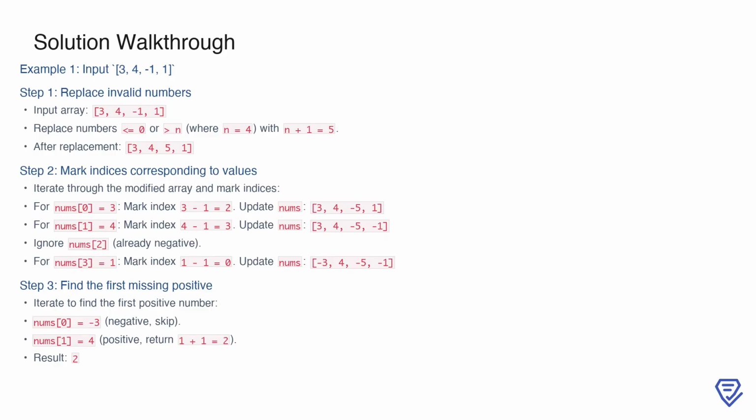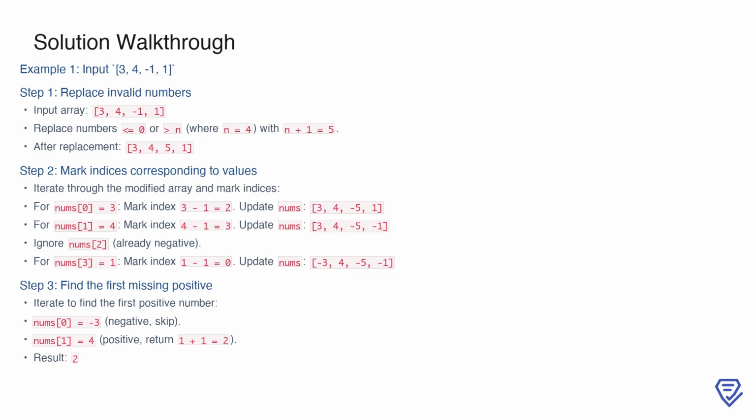Similarly, for the value 4, we mark index 3, resulting in 3, 4, -5, -1. If we encounter a number that is already negative, we skip it, as it's already marked. Finally, for the value 1, we mark index 0, giving us the array -3, 4, -5, -1. With the array marked, we proceed to identify the first missing positive number by scanning for the first positive value in the array.